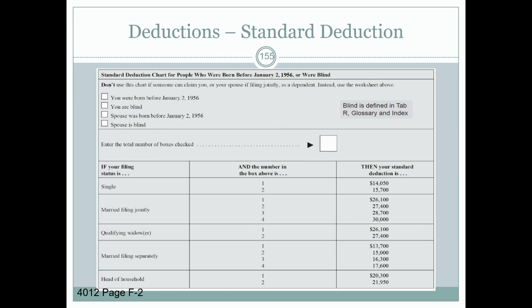So, for example, if you are a single taxpayer and you are over 65, then you would have 1 in that box, and your standard deduction would be $14,050. If you had a 2, which means that you were 65 or older and blind, then your standard deduction would be $15,700. So the chart breaks it down according to filing status and whether you're 65 or older or blind.